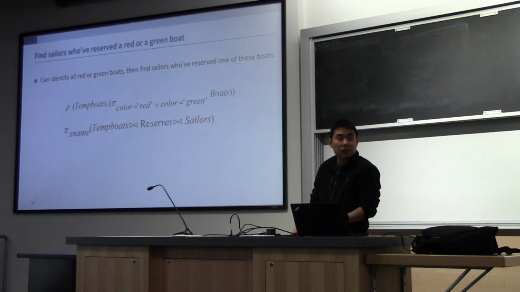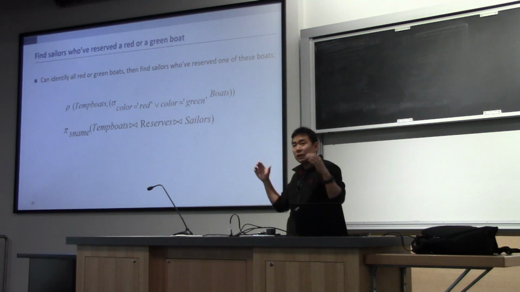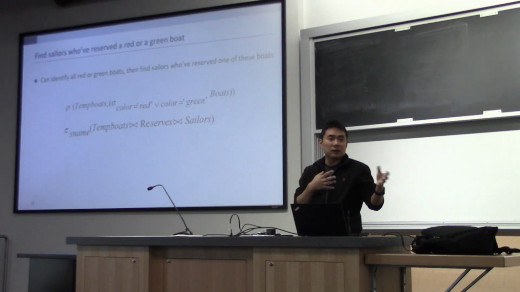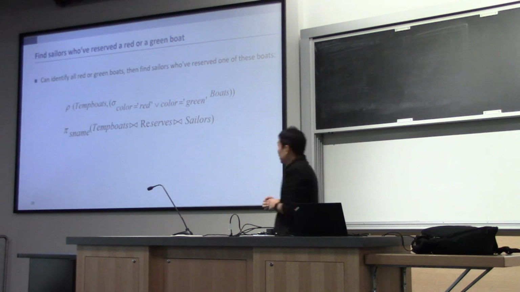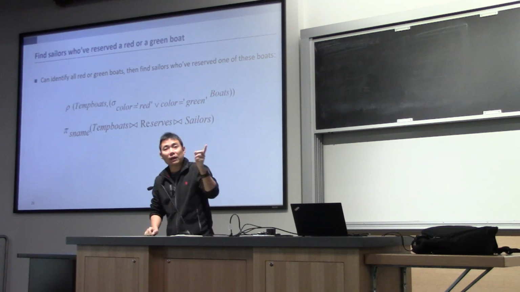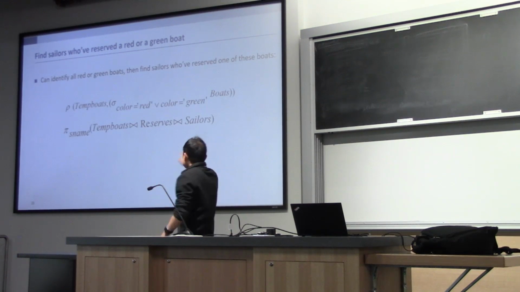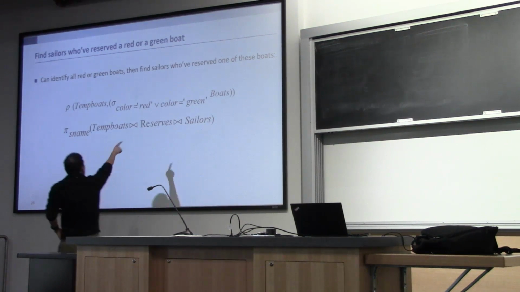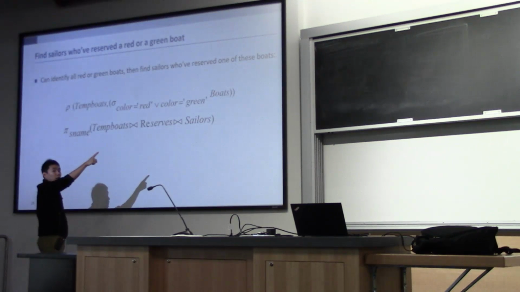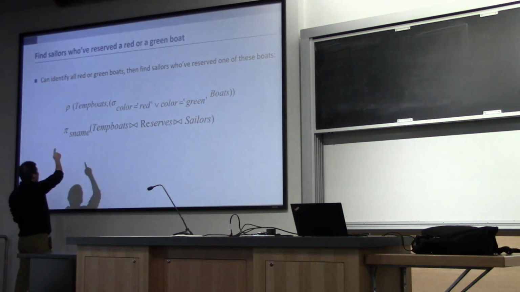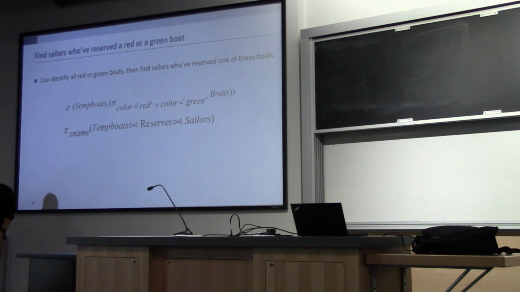Okay, that's it. And in this case, because my query condition becomes so complex, I'm going to rewrite my query using the renaming operator. If you guys still remember this renaming operator, what I do is, first of all, I select those red or green color boats from boats, and I rename that as temp boats. So I introduce another relational instance called temporary boats, which holds all the red and green color boats.